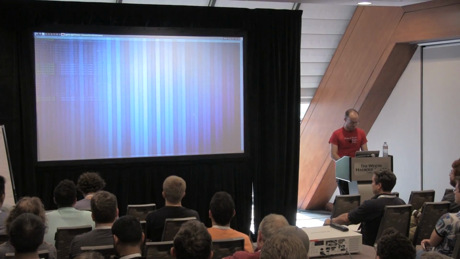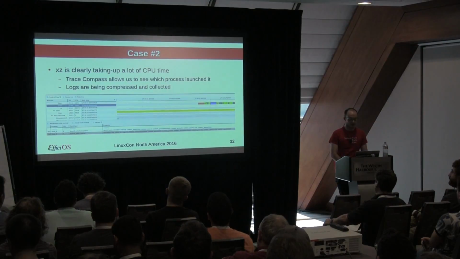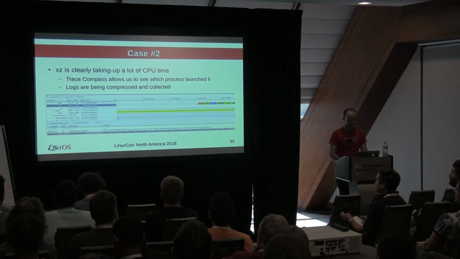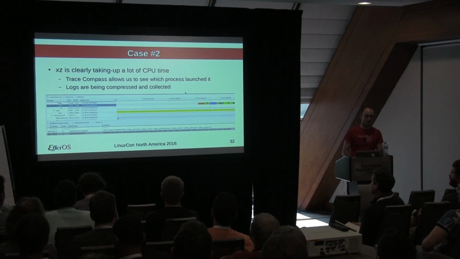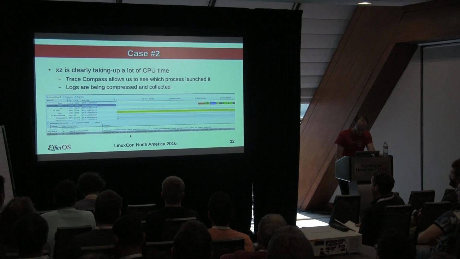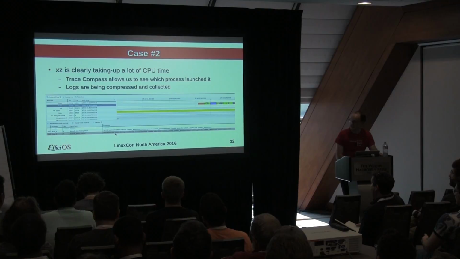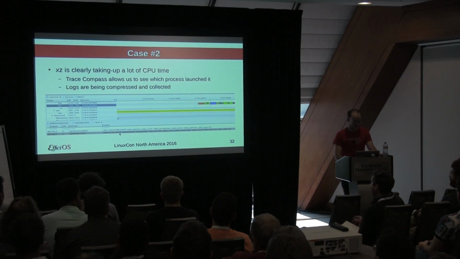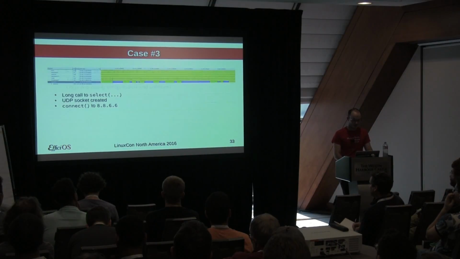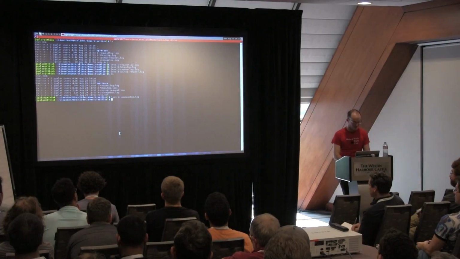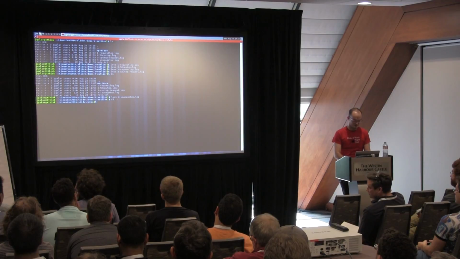And if you use that in Trace Compass, you're going to see pretty quickly that Bash is launching XZ, and it's doing so after having execved a file called logcollect.sh. So we're collecting logs on the production machine, compressing them, and that's throwing off our numbers. Case closed.